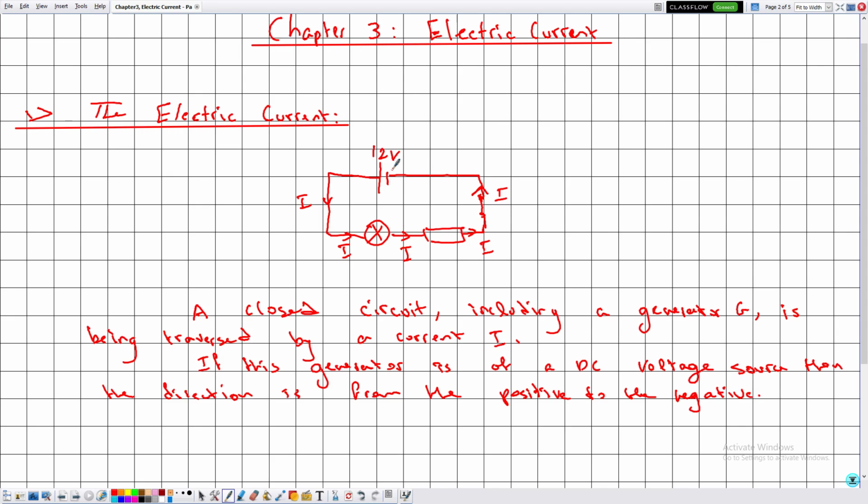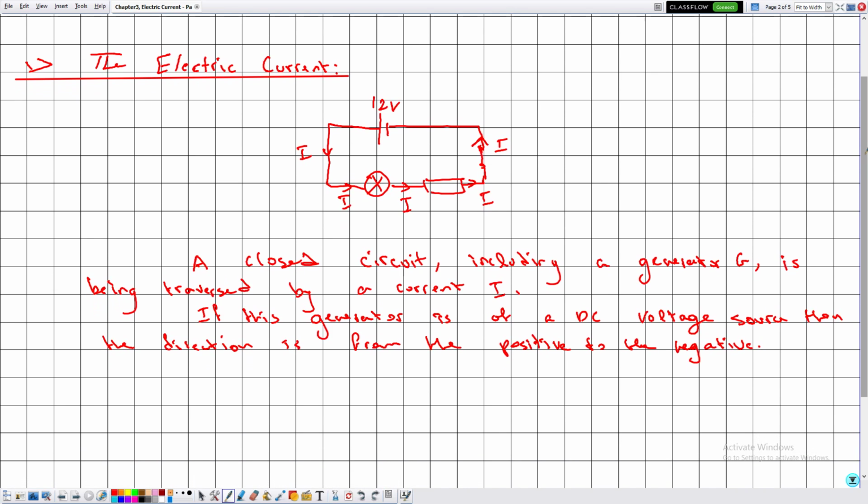So in this case, because the generator G is a DC voltage source, the direction of the electric current is simply from the positive pole to the negative pole. In the case of an AC voltage source, the direction of the electric current is not constant. It changes with respect to time, because the sign of the AC voltage changes from positive to negative, negative to positive across each half period.